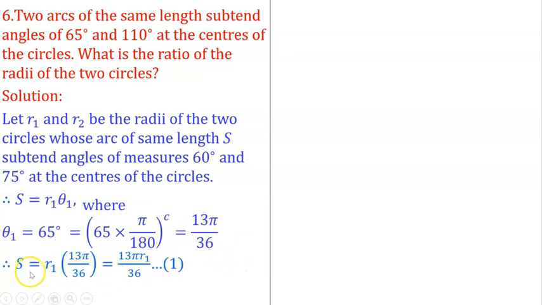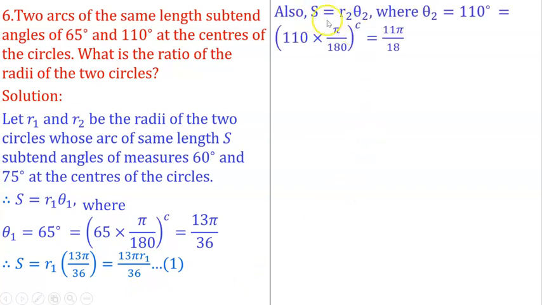Okay, and hence S is equal to r1 into the value of theta in radian, that is 13 pi by 36. Therefore S is equal to 13 pi into r1 upon 36. This is expression number 1. Also S is equal to r2 into theta 2. Here theta 2 is 110 degree.